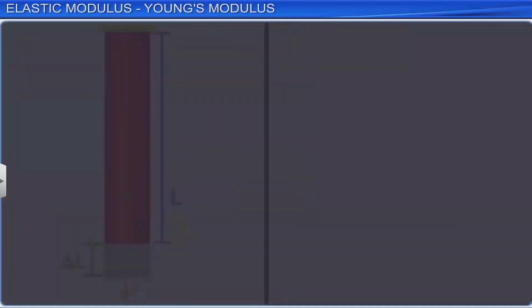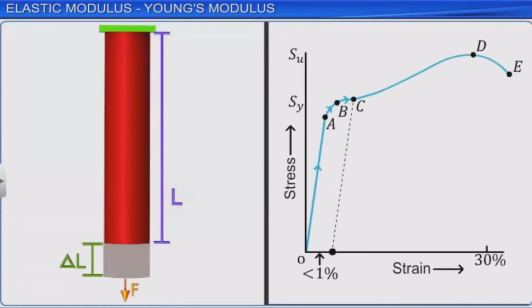The stress-strain curve for most materials is a straight line for low values of strain. Hooke's law is obeyed along the straight line OA on the stress-strain curve. Accordingly, stress is proportional to strain here, and the slope of the straight line on the stress-strain curve is called modulus of elasticity.